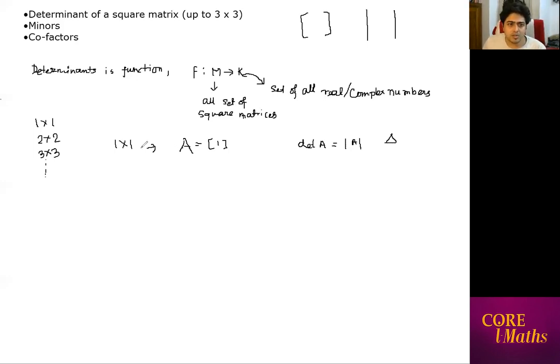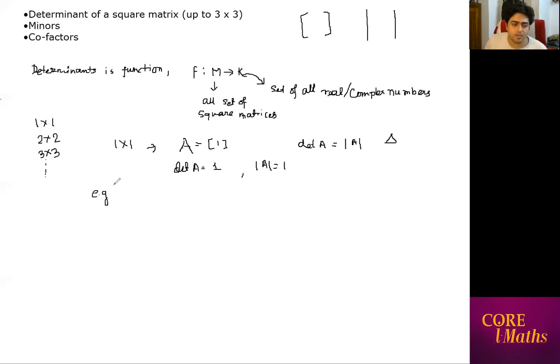So for 1 cross 1, determinant value will be the same as the element value. Here A is a square matrix of 1 cross 1. The element here is 1, so its determinant value will be det A equals 1, or determinant of A equals 1.